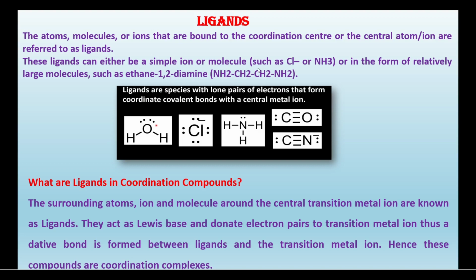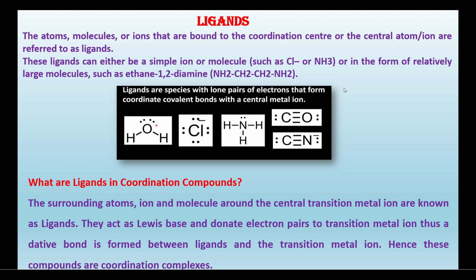Here you can see simple molecules, such as chloro or amino, and there may also be large molecules. There may be a CH3 bound with the amine, and also NH, a bulk or large molecule, bound with the metal, forming a coordinate bond.